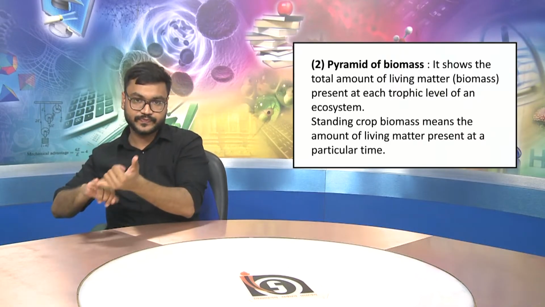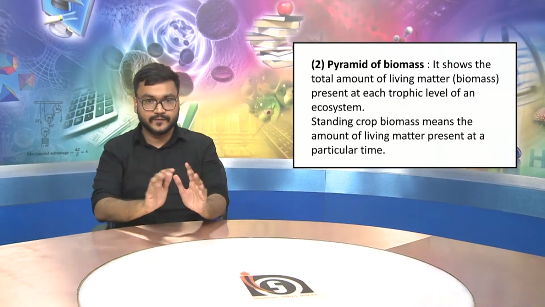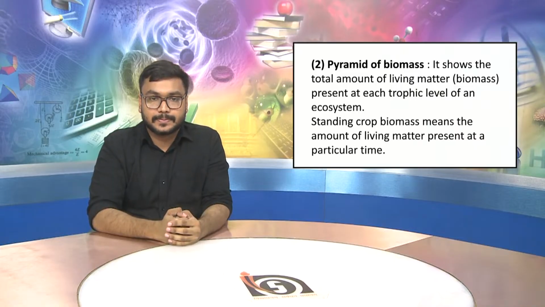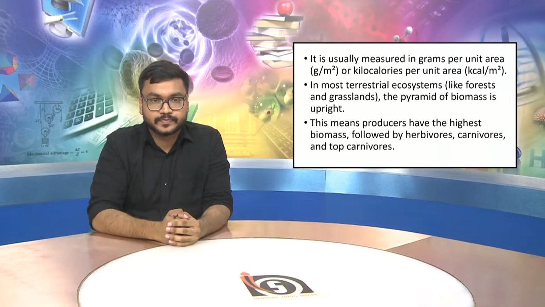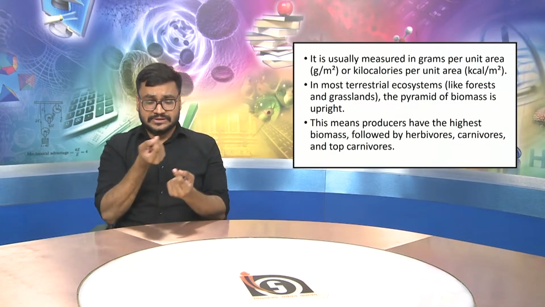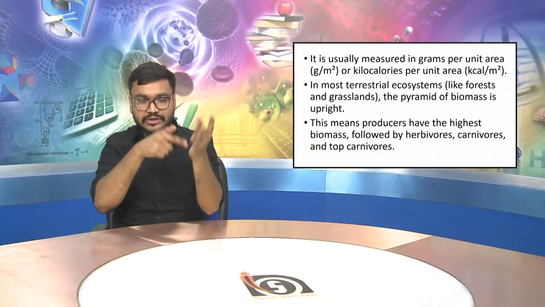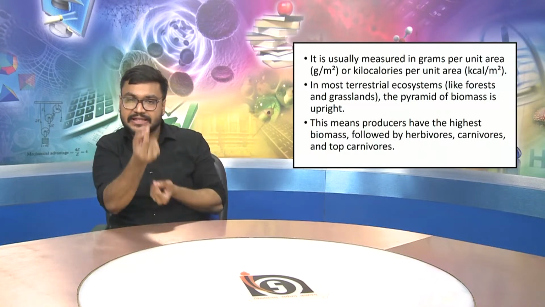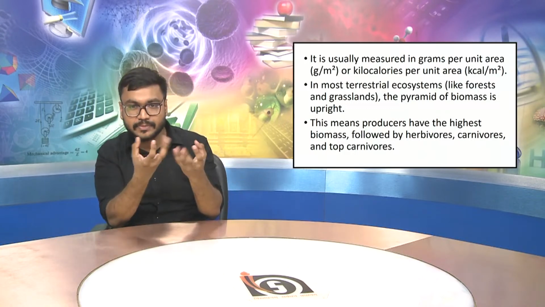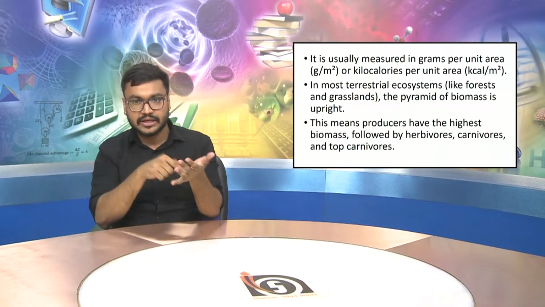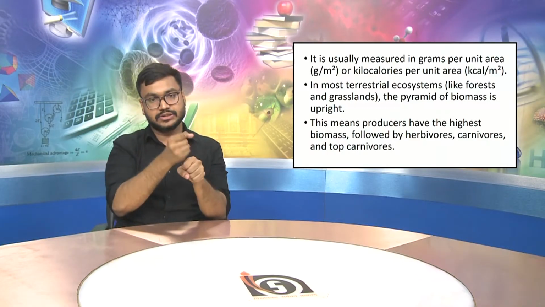Standing crop biomass means the amount of living matter present at a particular time. It is usually measured in grams per unit area or calories per unit area.